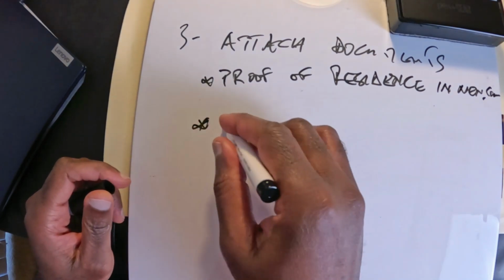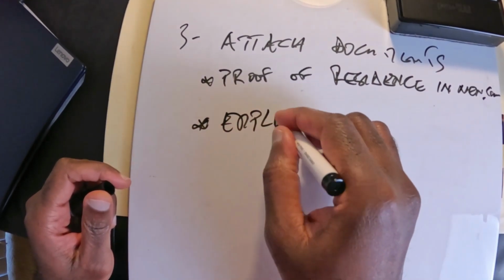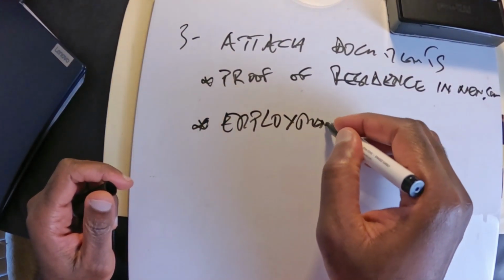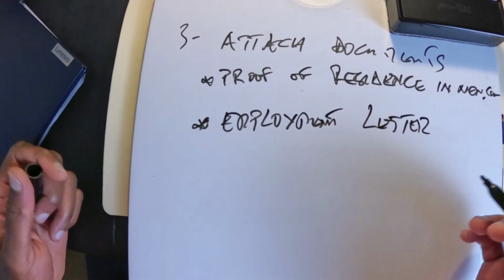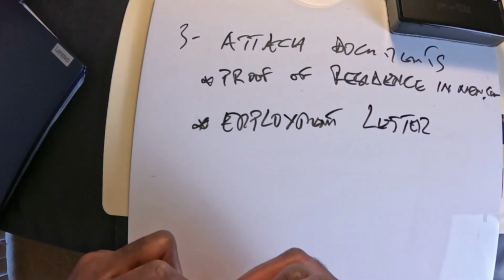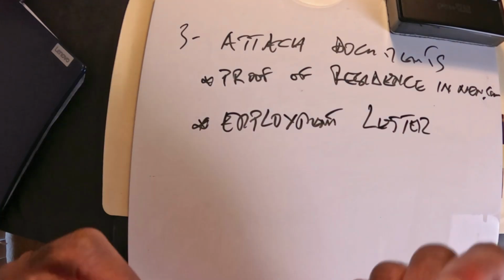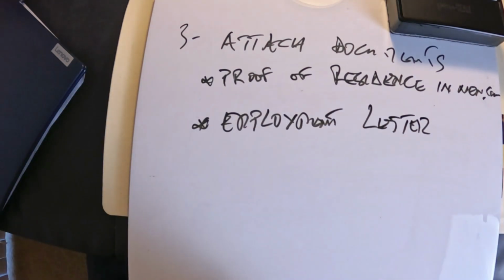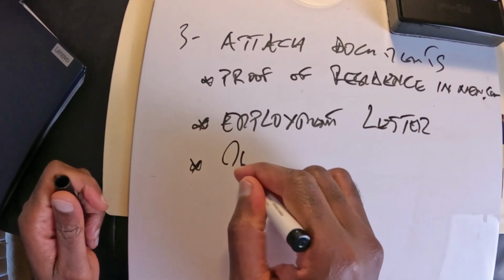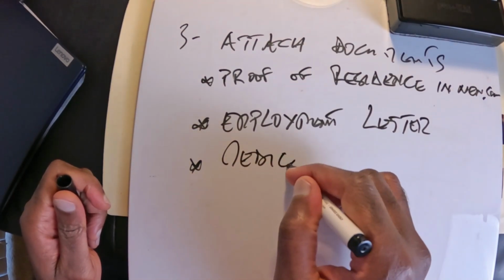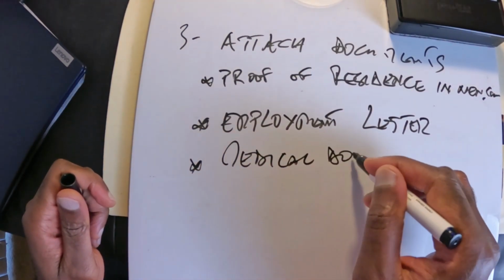The second one can be employment letter. That can be another document. So if you have a job, you move for a job, include a letter from your employer, as a proof. The third one, if you move for medical reasons, you have to provide a medical document.